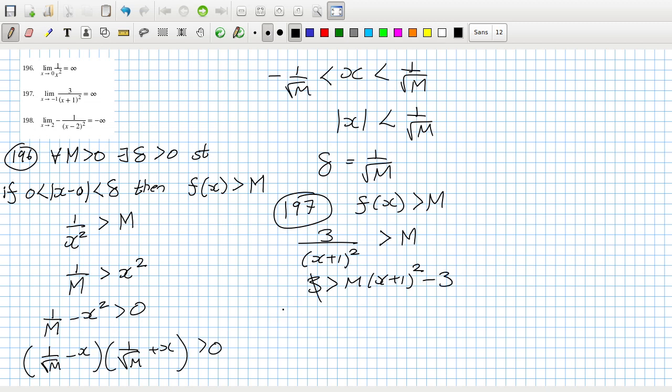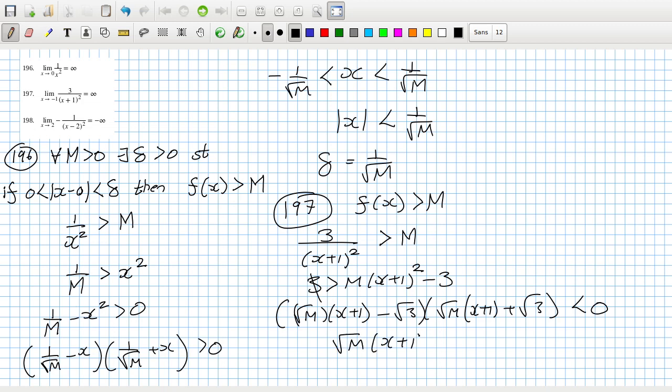So now we have root m times x plus 1 minus root 3 times root m times x plus 1 plus root 3. Be careful with my brackets. Is less than 0. So that means root m times x plus 1 should be less than root 3, but more than minus root 3.